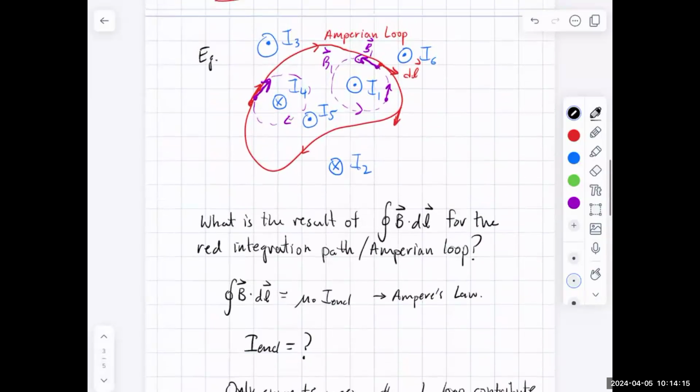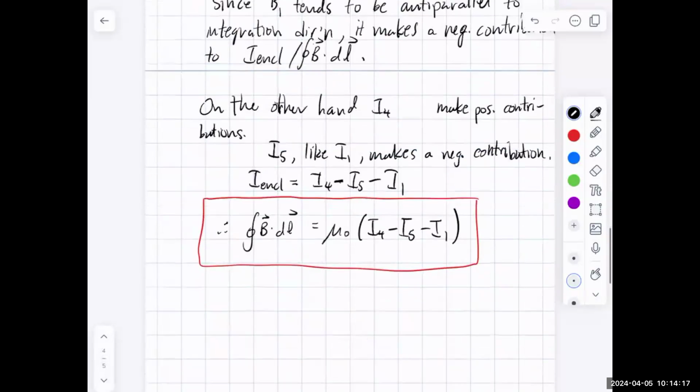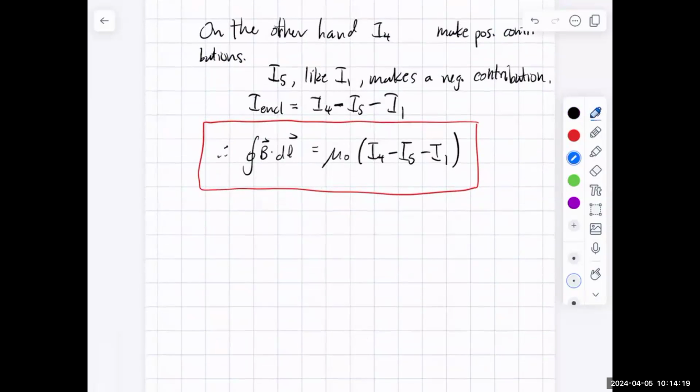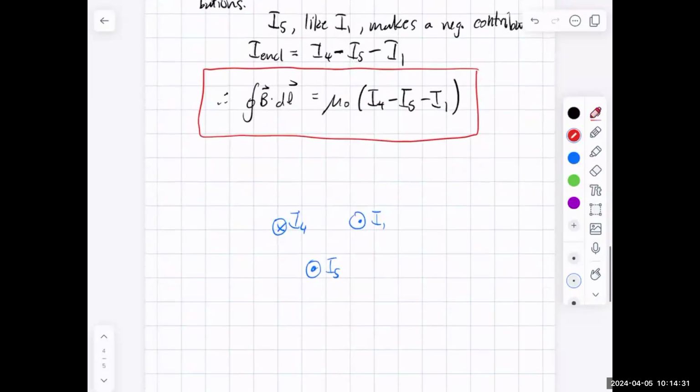We had I1 and I5 coming out of the screen, and then we had I4, something like this. And then there was an integration path that looked something like that. Close enough. And we picked that direction.